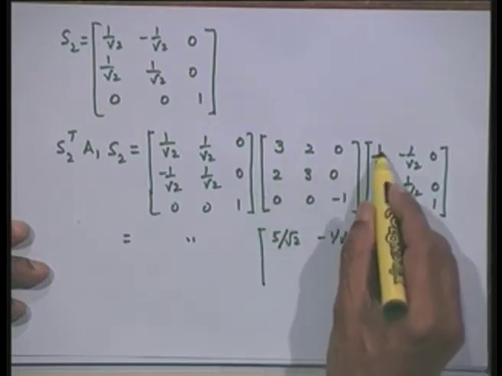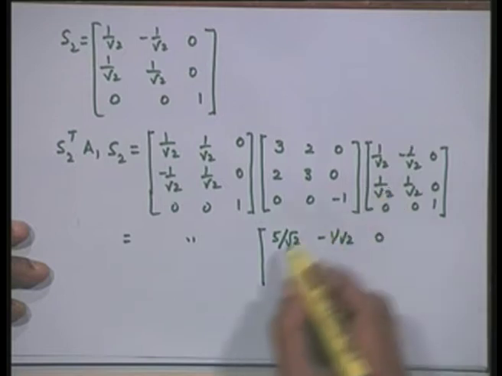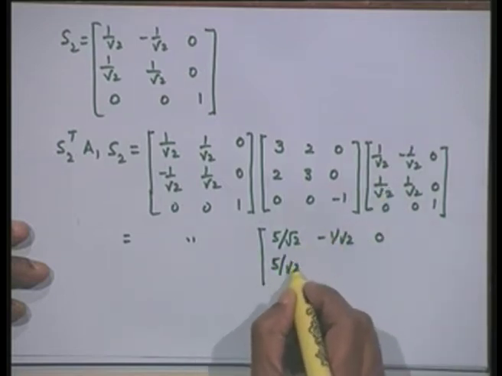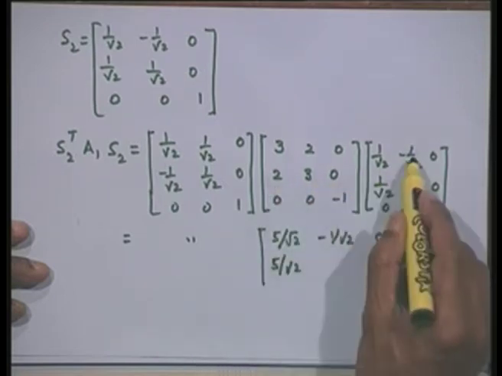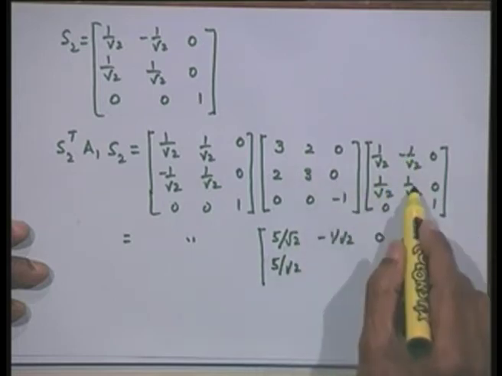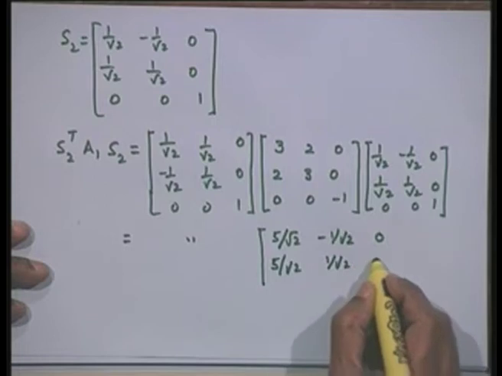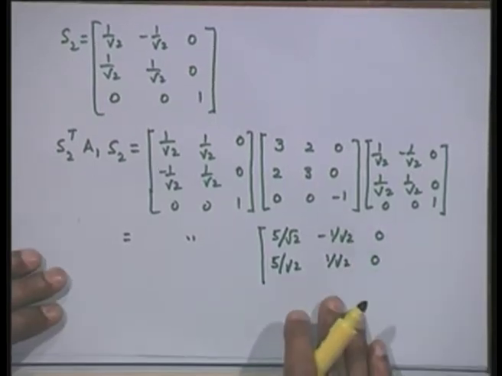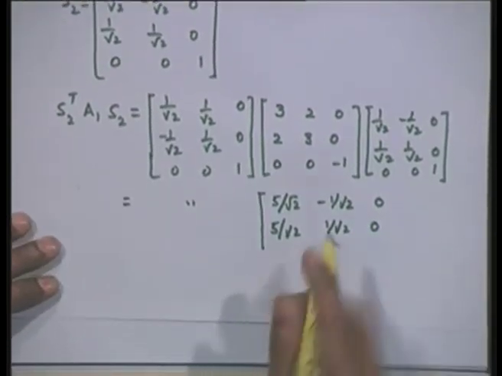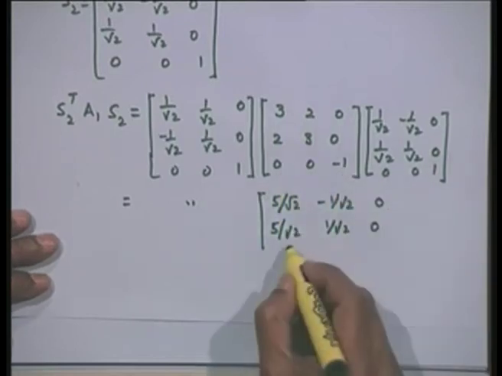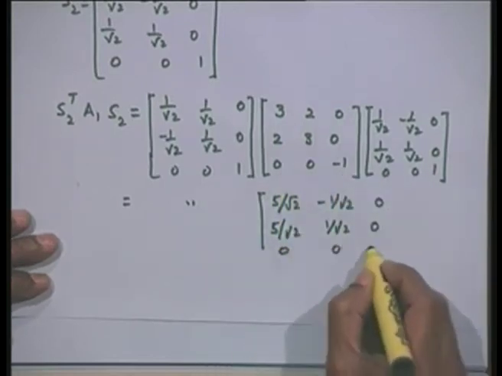Again 2 into 1 upon root 2 plus 3 by root 2, that is again 5 by root 2. This is minus 2 by root 2 and this is plus 3 by root 2. So I will have plus 1 upon root 2, and this is again 0. 0, 0, minus 1, therefore it will be 0, 0, minus 1.